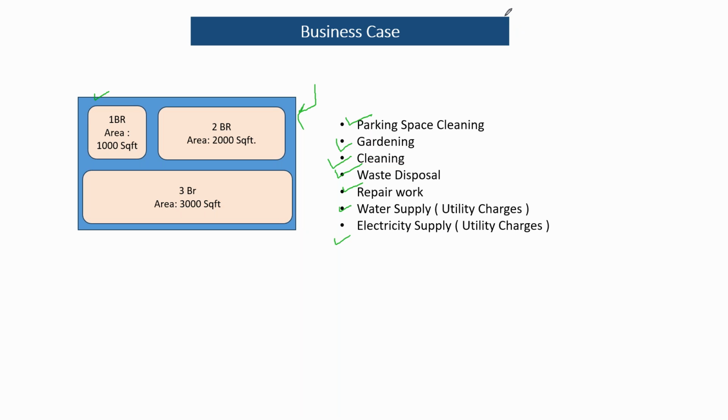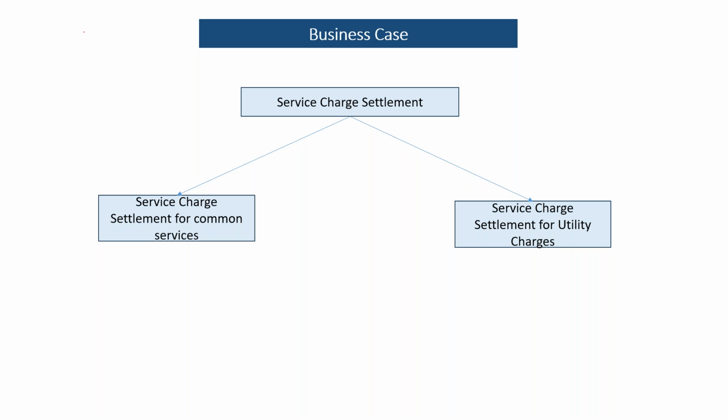So here in SAP REFx, we have two sub processes in service charge settlement. First is for the common services, and the second is for utility charges, consumption based utility charges. It should be clear that we have two processes and we need to understand both.